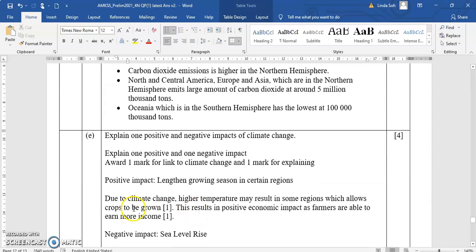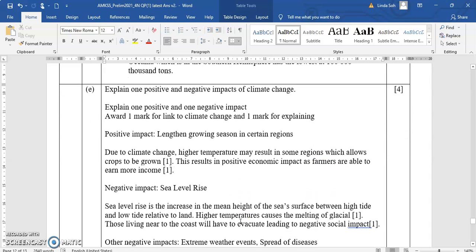You can write about the link: higher temperature in some regions allows crops to be grown. That is why farmers are able to earn more income because the crops grow better. Then sea level rise. Why is there sea level rise? It is linked to climate change because the increase in temperature will melt the glaciers.